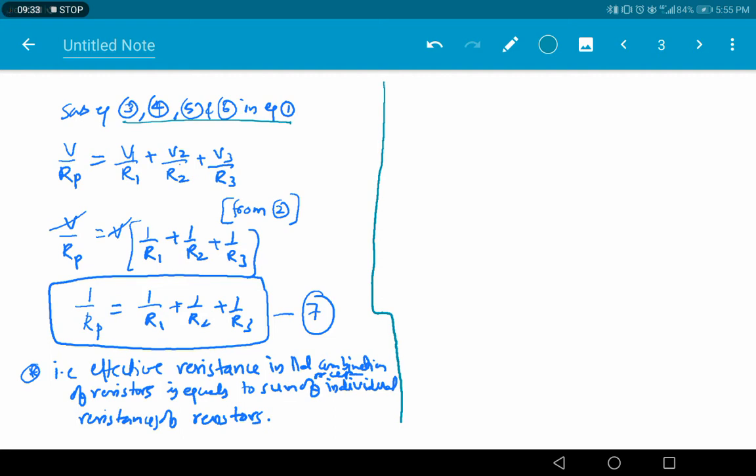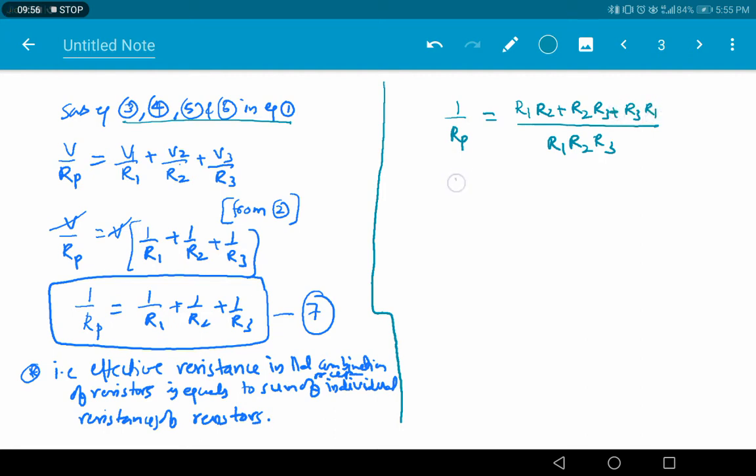So if I want to write, this is the reciprocal, but we want to find Rp only. So to find Rp, I am taking the LCM. LCM is R1 R2 R3. In the numerator we are going to get R1 R2 plus R2 R3 plus R3 R1.